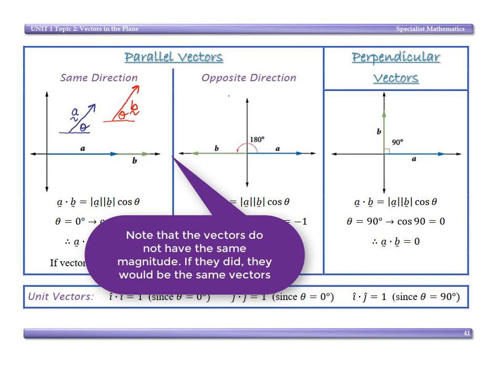Similarly, I could have A here, and I can have B over here. They are still parallel vectors. If I found that reference angle, that theta, and this theta here, they would be the same angle.